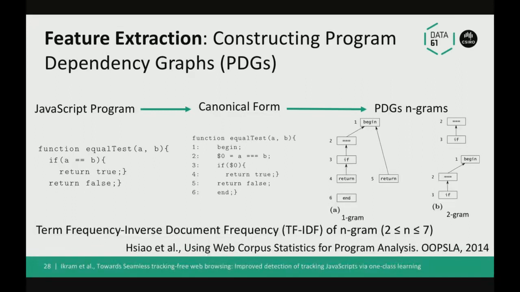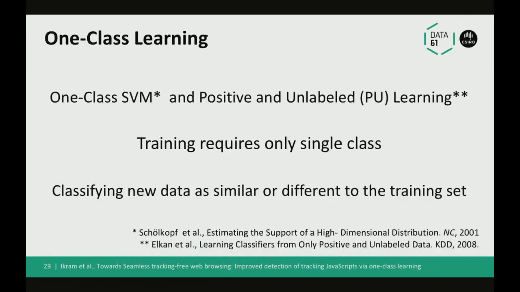In addition to the program dependency graph, we also extract sequential n-grams, which are based on the canonical sequence extraction in the canonical form. And to find out the relative importance of n-grams, we use the TF-IDF measure.